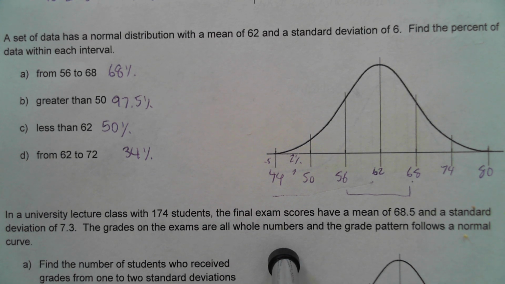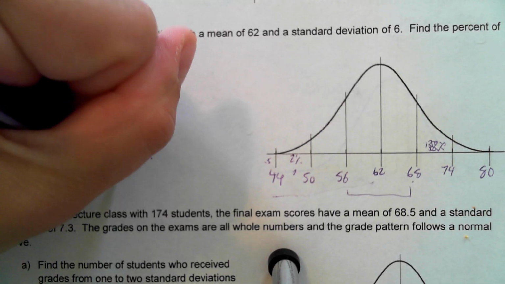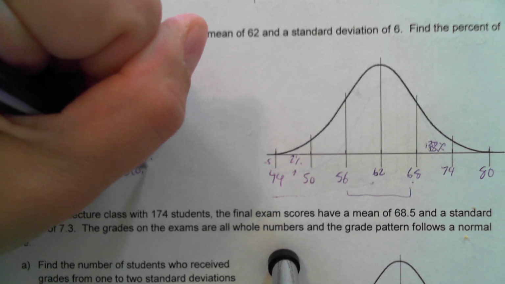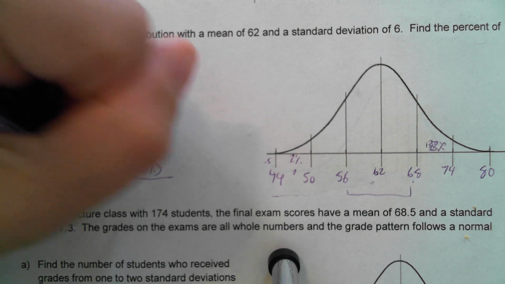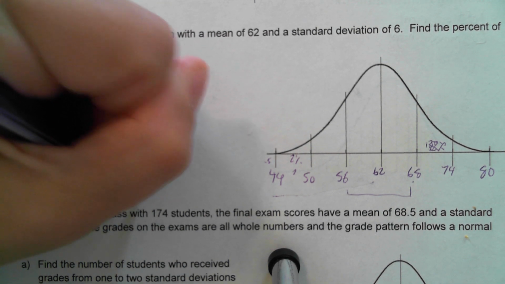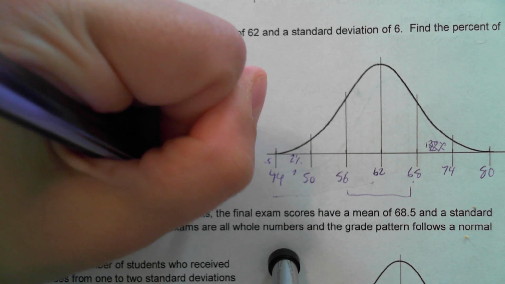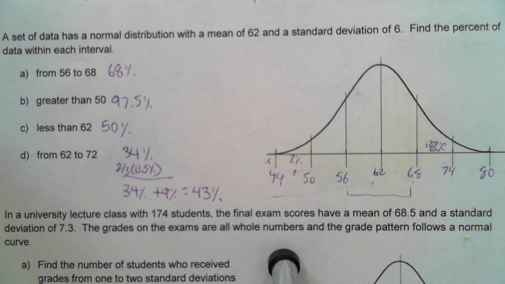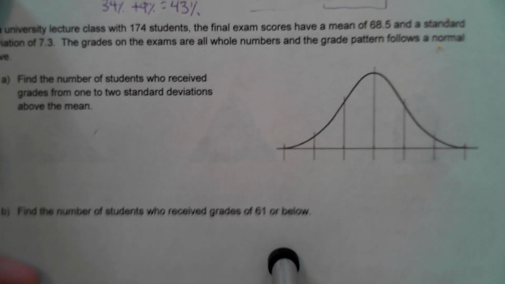So 4/6 of this 13.5%, because we know there's 13.5% right here. So we're going to find 2/3 of that 13.5%. It ends up being, you're going to have 34% plus 9%, which will get you 43%.